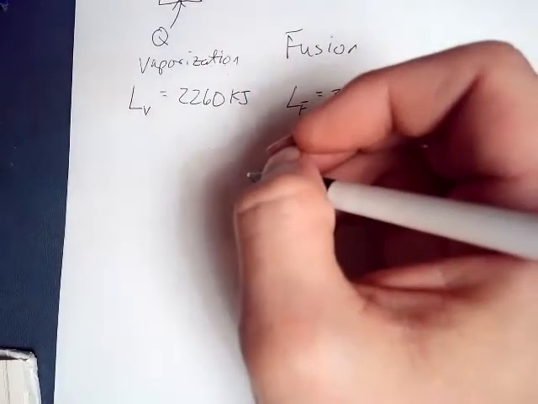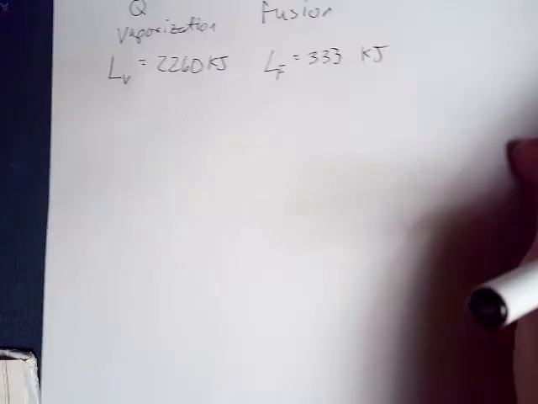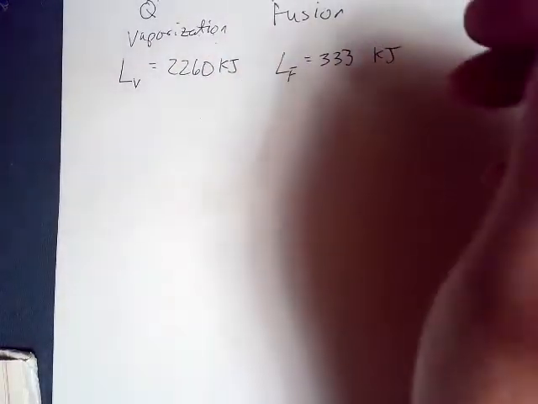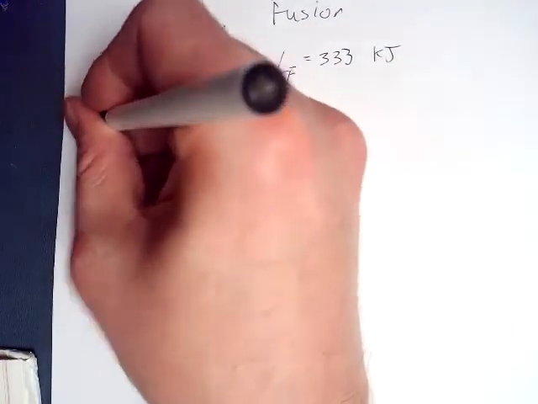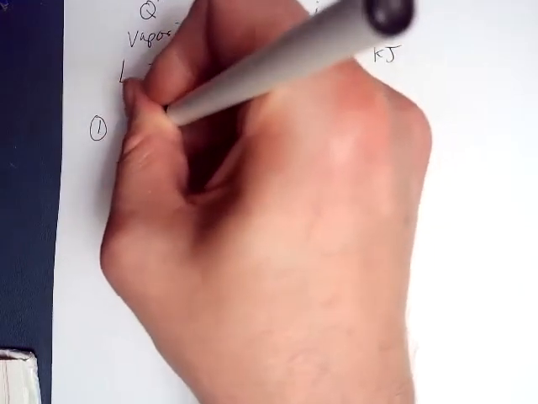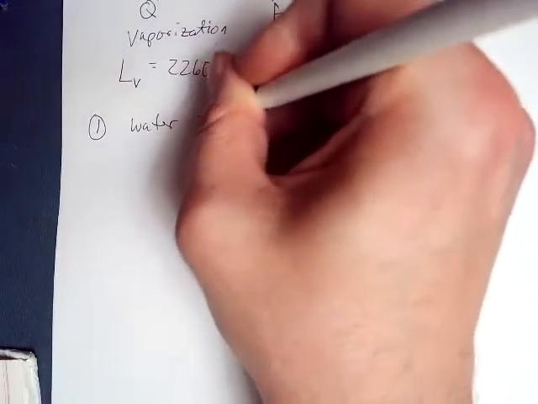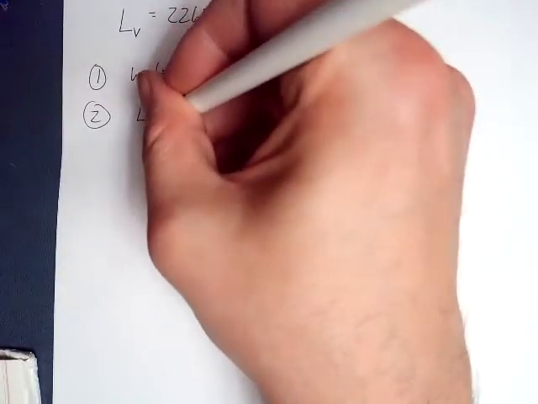So look where we're starting. We're starting at water, right? When you're going past a phase change, you have to do this in stages. So stage 1, we're going to go from water at 20 degrees to 0. Stage 2, now we're freezing, right? So this is latent heat of fusion.